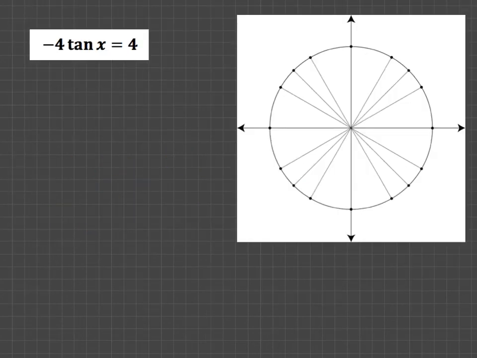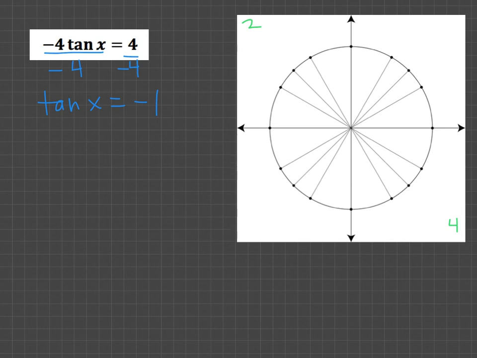Let's solve -4 tangent x equals 4. Again, we're wanting to get tangent x by itself, the trig function by itself. Divide both sides by -4, we get tangent x equals -1. Tangent is negative in the second quadrant and the fourth quadrant.